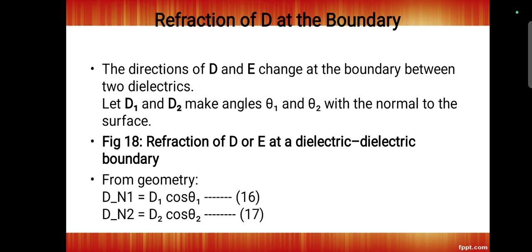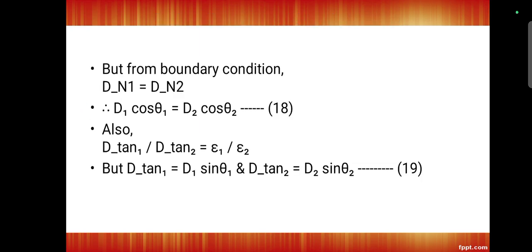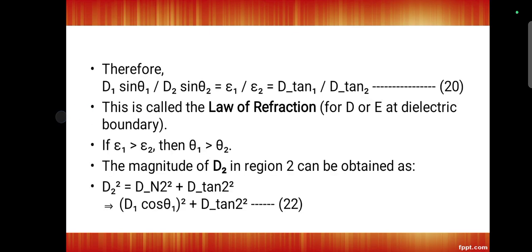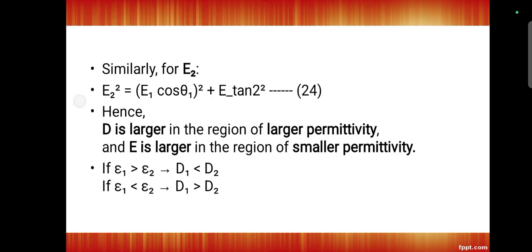Refraction at the boundary. Dn1 is equal to D1 cos theta 1, and Dn2 equals D2 cos theta 2. Referring to this, the boundary condition becomes Dn1 equals Dn2. Hence D tan 1 divided by D tan 2 is equal to epsilon 1 divided by epsilon 2. By simplifying, we get the law of refraction for E and D at a dielectric boundary: if epsilon 1 is greater than epsilon 2, then theta 1 is greater than theta 2.